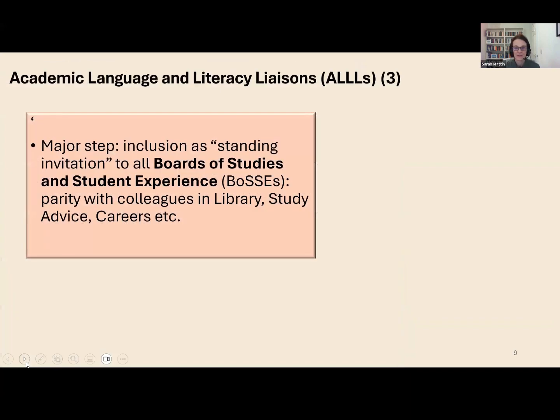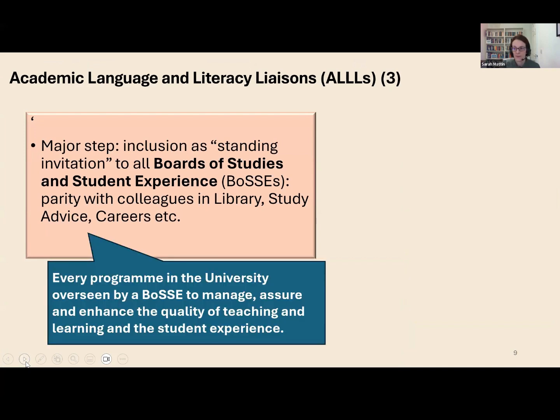A major step for us, which sounds very procedural, but has been really important, is that we gained a standing invitation to all boards of studies. So every program in the university, I'm sure it's similar in most places, is overseen by a board of studies, which is around quality assurance.